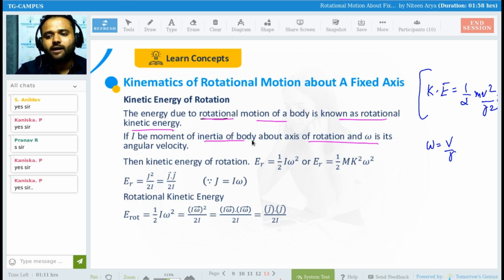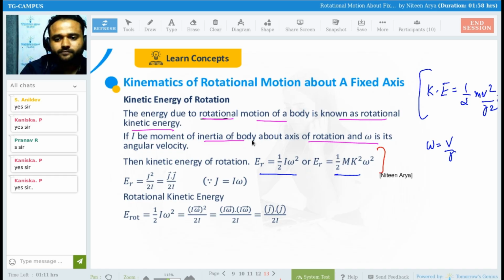So v square upon r square gives omega square, and m r square gives I. The same thing. I can also put I as m k square, with k the radius of gyration. This is the important relation, and this is my equation number 3.